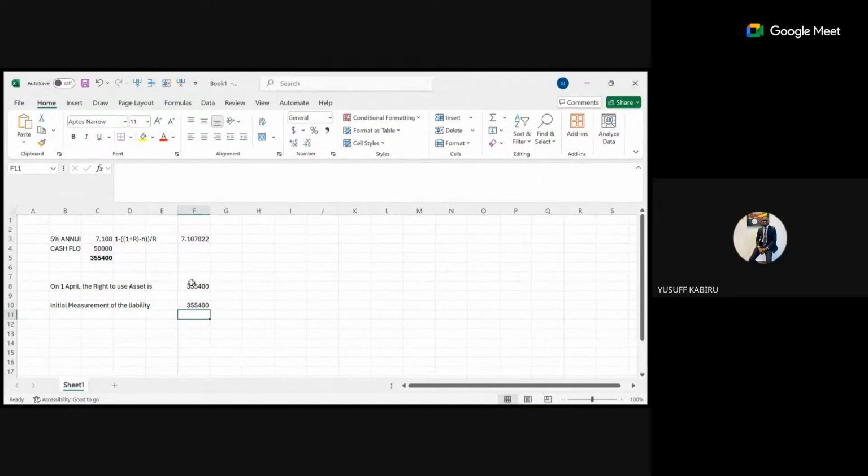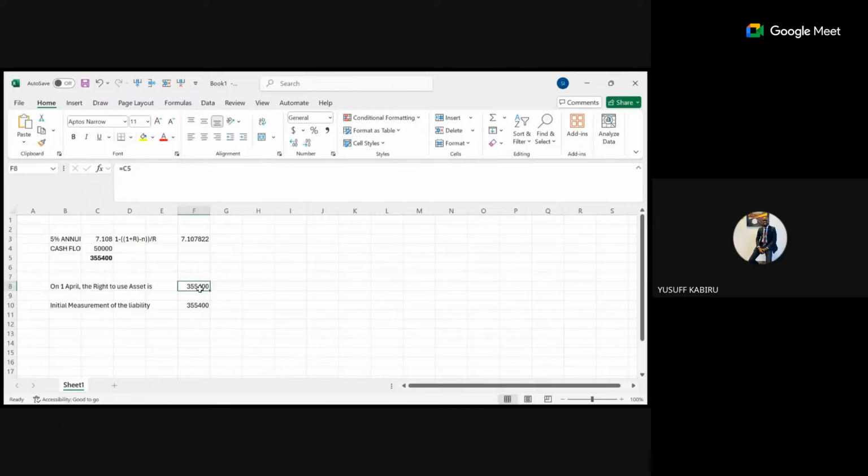So, meaning that this 355,400 is not the total right of use asset. Rather, as at 1 April, this is the amount of the measurement of the initial liability, the total liability on that right of use asset.